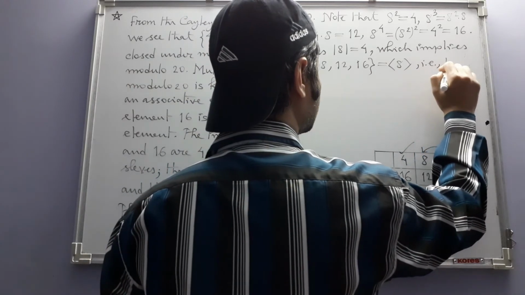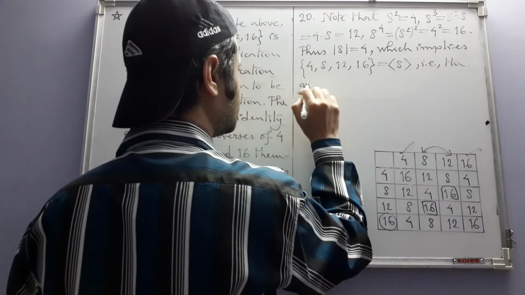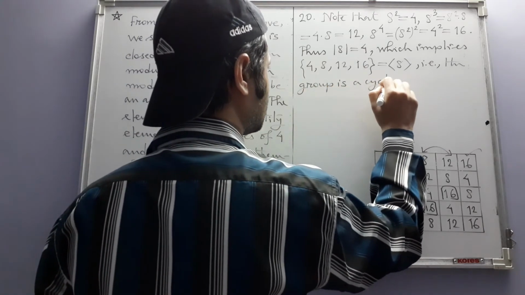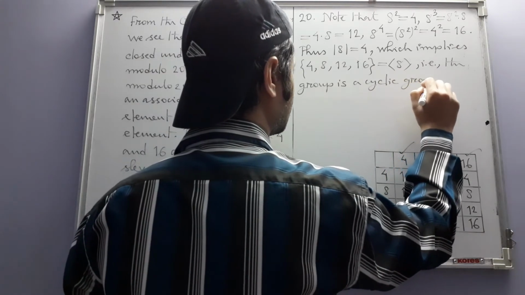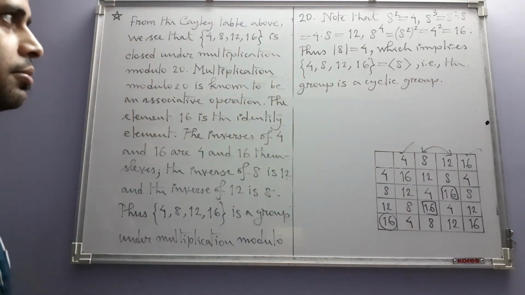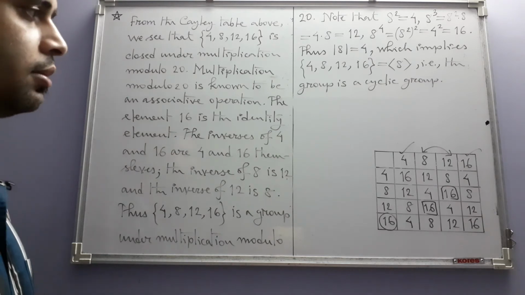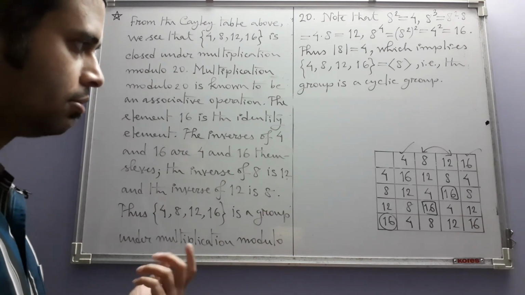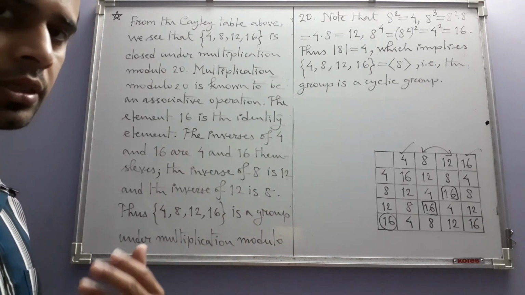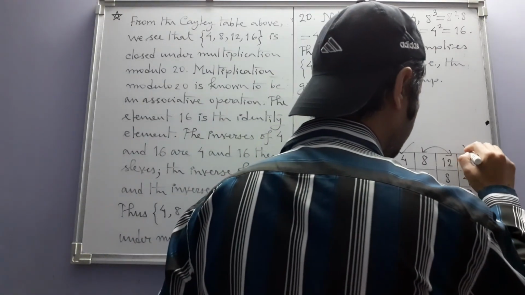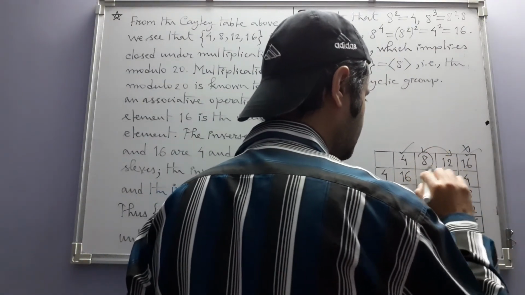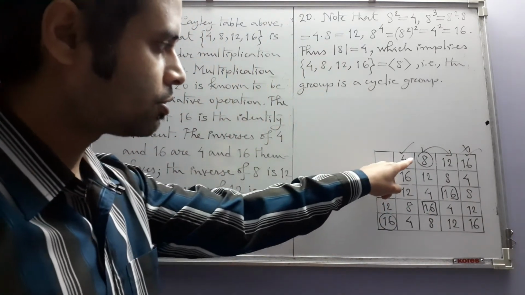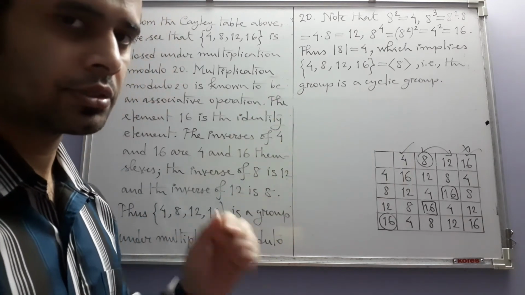That is, the group is a cyclic group. Okay, now since 16 is the identity element and the group has 4 elements, 16 itself cannot be a generator. 8 is a generator, we have already seen that. 4 cannot be a generator because 4 square is 16 and 4 itself is not the identity.